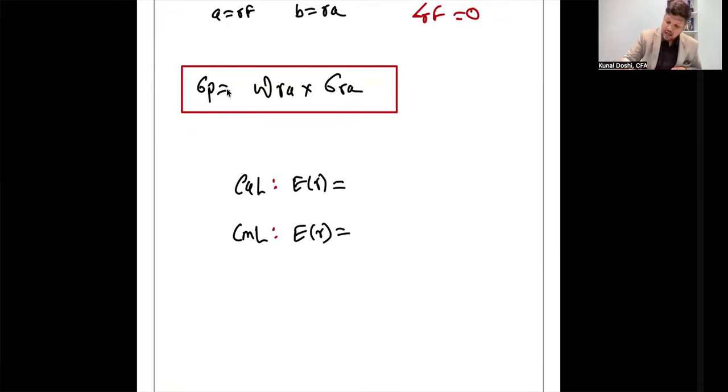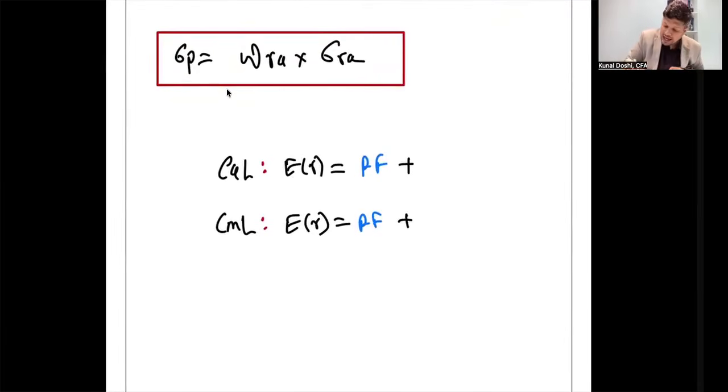In both cases, my formula for expected return is RF plus something, right? That something is nothing but the risk premium we use in CAPM. Here, we will use a simple thing for my security or my portfolio.